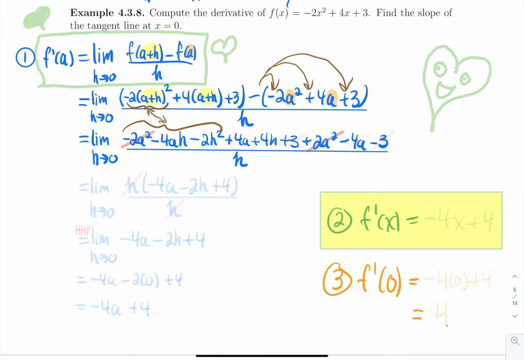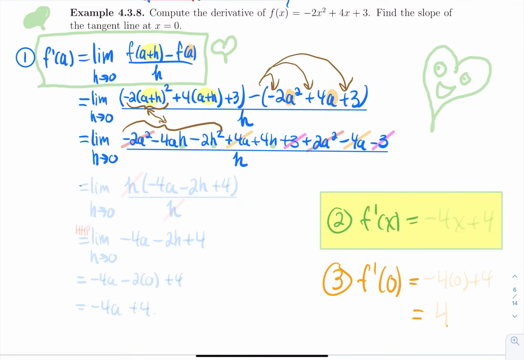This 4a here will cancel the minus 4a, and the plus 3 will cancel the minus 3. And then what you're left with is a bunch of terms, and all the terms that remain will all have an h that you can factor. So you see here the minus 4ah, there's an h, minus 2h squared, there's an h, the 4h, there's an h. So we have 3 terms where there's an h, so you can factor by h.